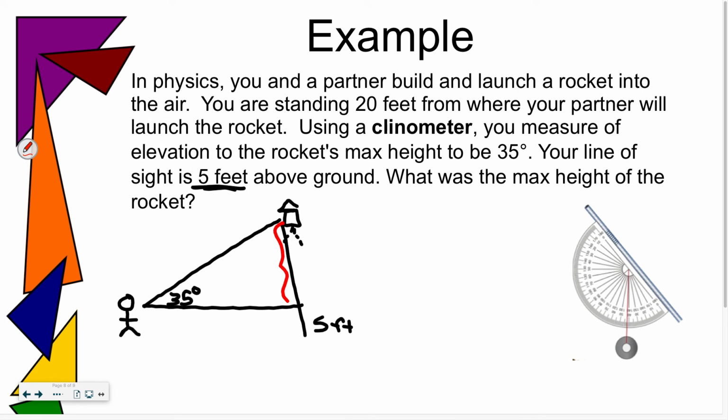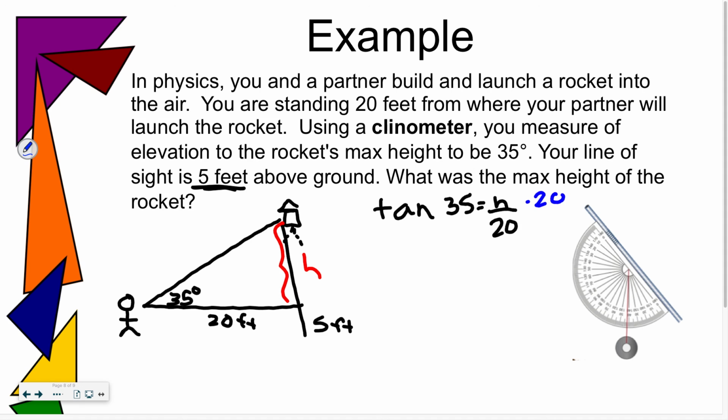And then you would solve that right triangle for the height of the rocket. Which trig ratio are you guys going to use? SOHCAHTOA. Tangent. I didn't label it, but we know we're 20 feet from our friend launching the rocket. So there's 20 feet right there. So we have the opposite and adjacent. We'll set up the tangent of 35 equals h over 20.